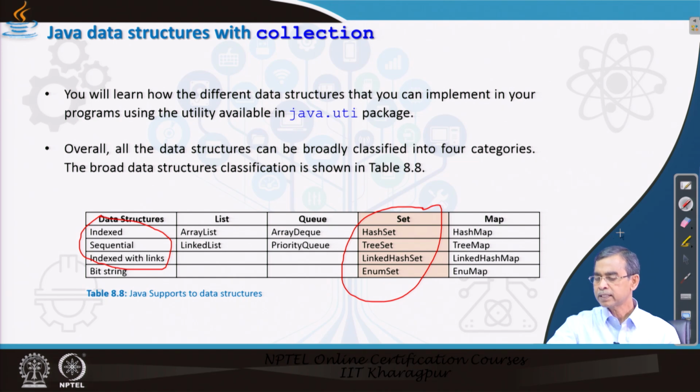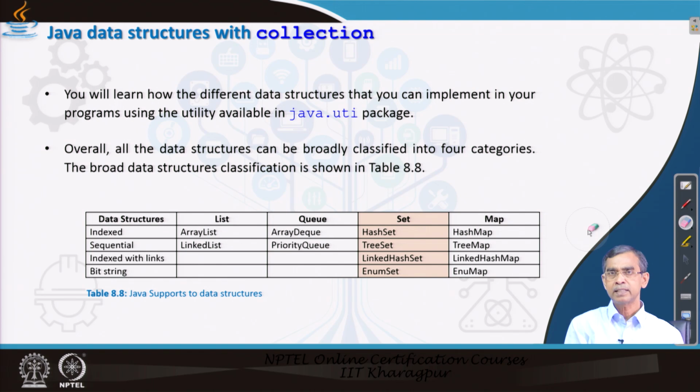Now, here we have discussed the different collections, how they can be maintained, and the operations or functions needed to maintain them: how a collection can be created, how an element can be added, how an element can be removed, how status can be checked, how a collection can be traversed, meaning all the elements can be visited one by one, and so many other things.